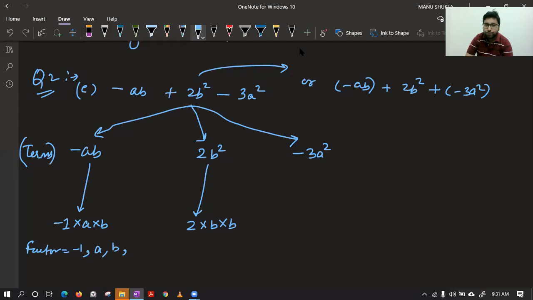Okay. So in this case, I can write 2b square as 2 into b into b, and we can write the factors are 2, b, b. In the book, they have shown the factor tree like this. They have drawn 3 dashes like this, and they have shown the factors are minus 3, a and a.